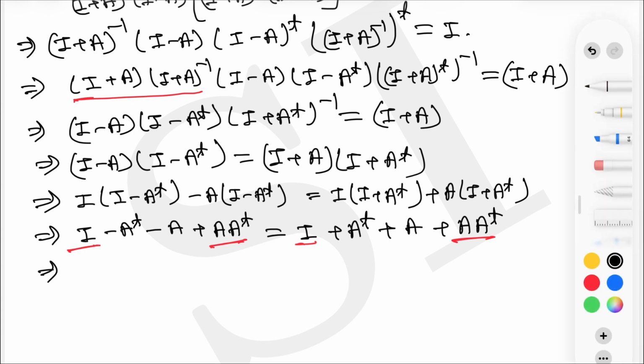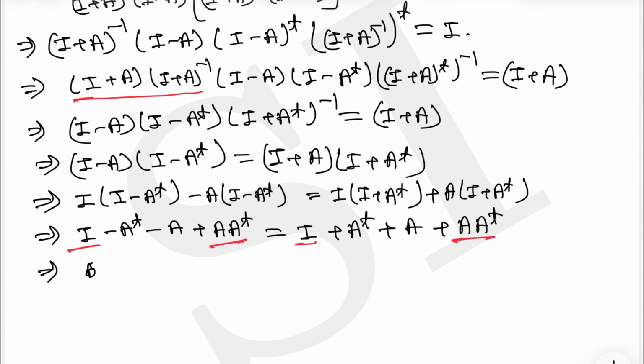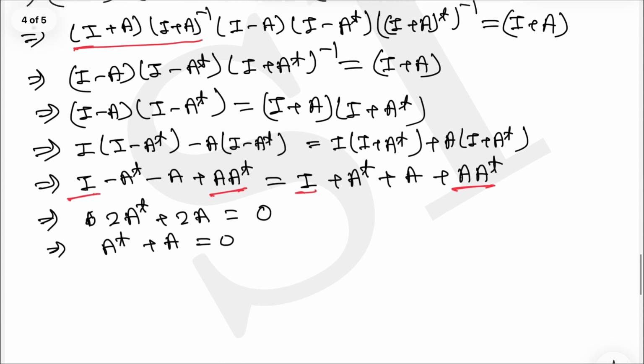2A transpose plus 2A is equal to 0. That means A transpose plus A is equal to 0.